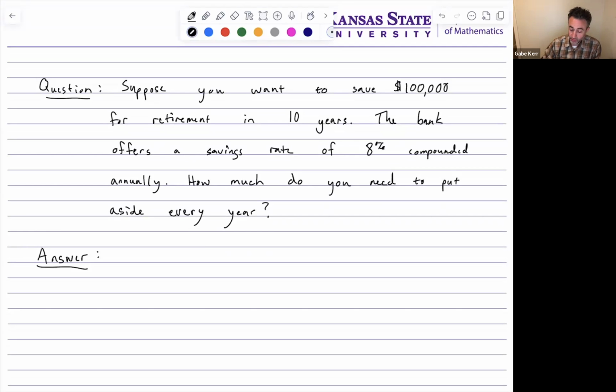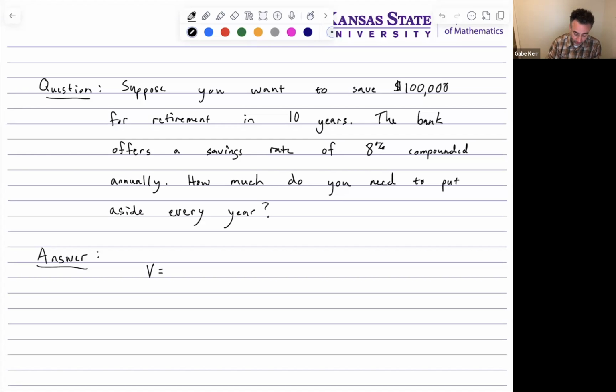And well, this is about retirement, so you can look in the book or look back in the lectures or in the notes and see that there's a couple of formulas that are applicable to retirement savings. And one of the formulas looks like this.